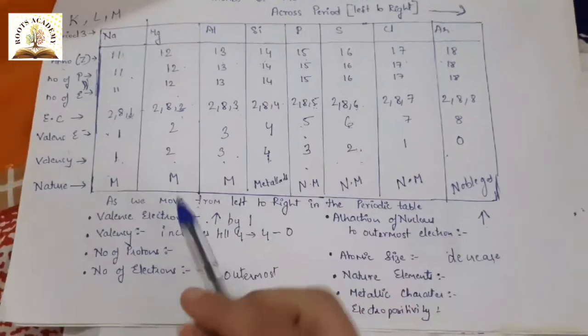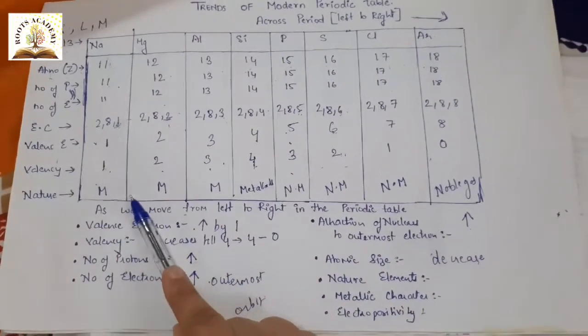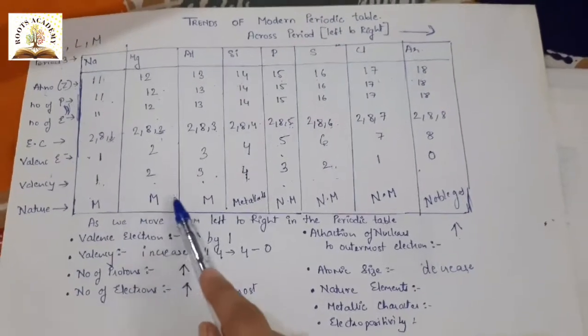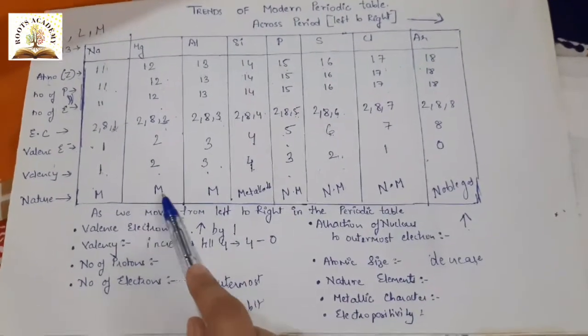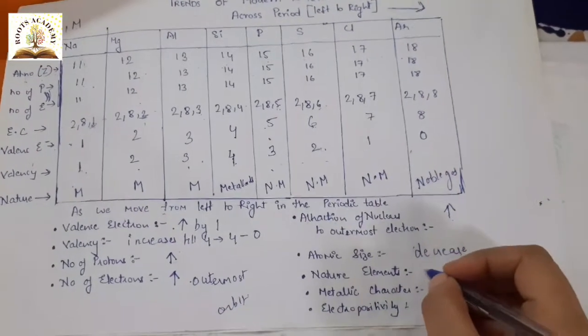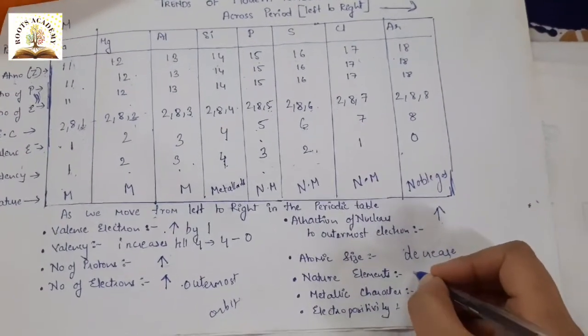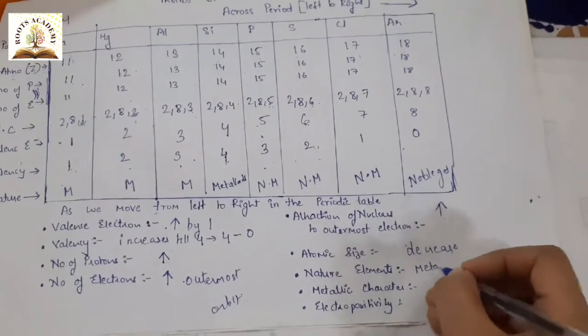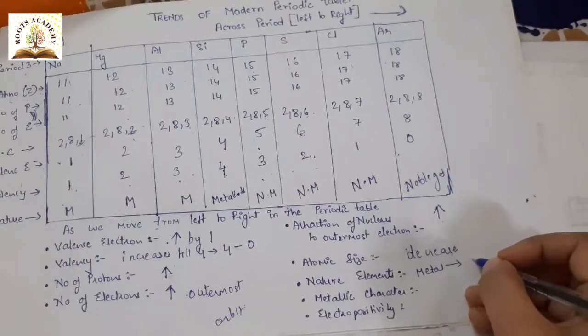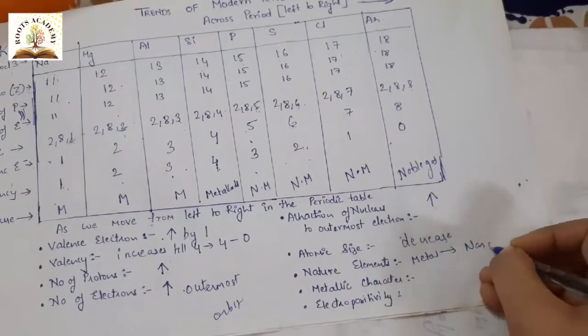Nature of elements. When you move from left to right, the metallic character decreases. First it is a metal, and then it becomes a non-metal. So metallic character decreases to non-metallic character.